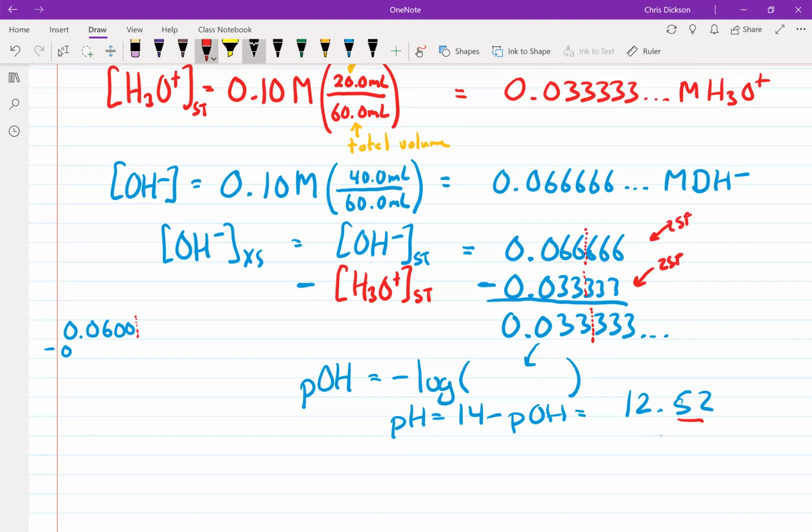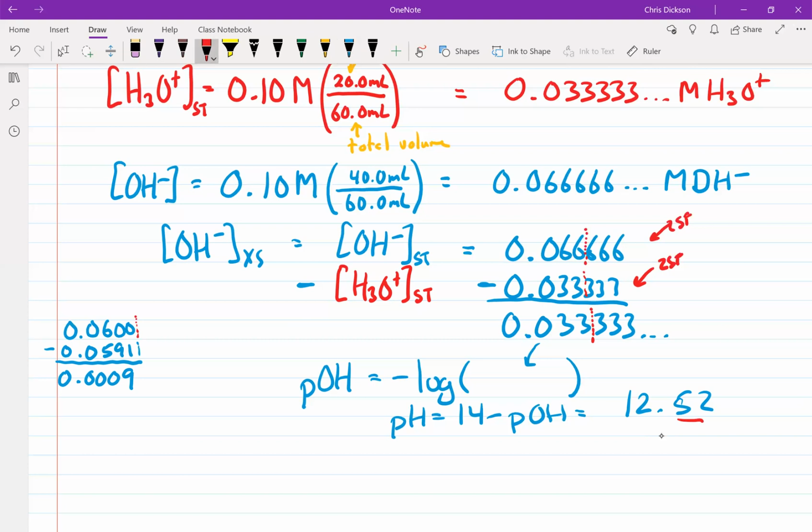And then you subtracted 0.0591, something like that. And so if you do that, you're saying, okay, well, 0.06 minus 0.0591, and I'm getting 0.0009. And of course, a bunch of zeros after this.